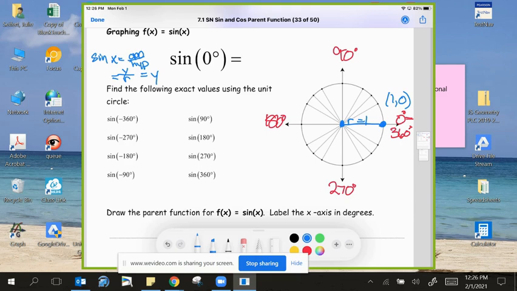Okay, so at 90 degrees, what is the point at the edge of the unit circle? What are its coordinates? 0, 1. Yes. Okay, what about on the left? What's 180?